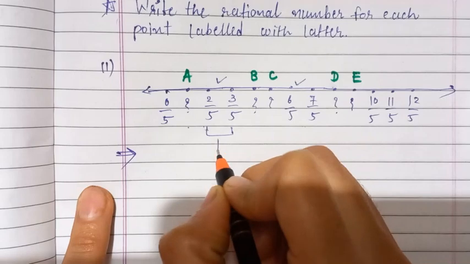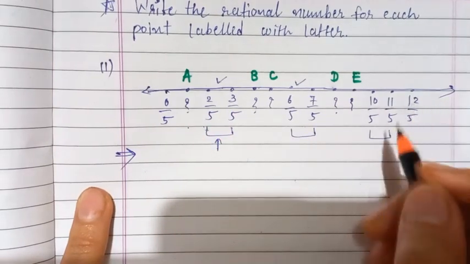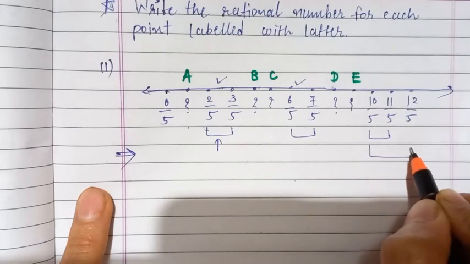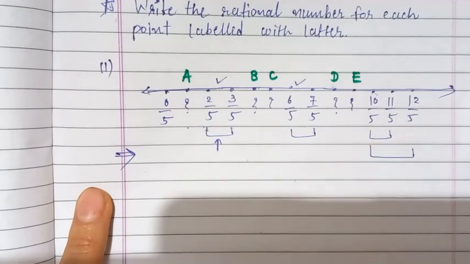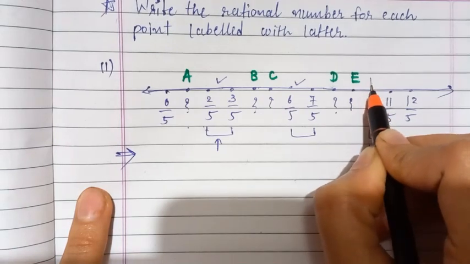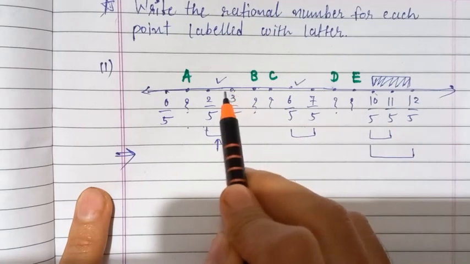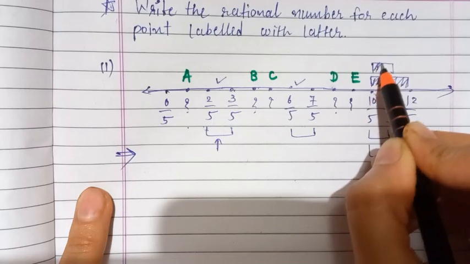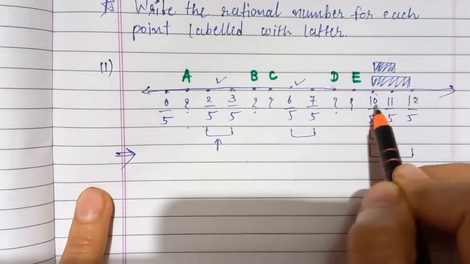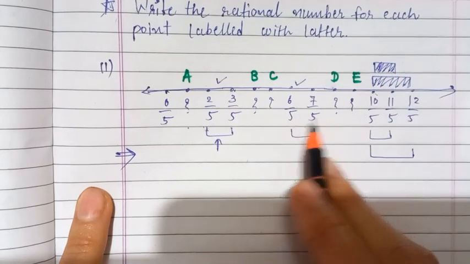We can't calculate the difference between 10 by 5 and 12 by 5, because subtracting them gives two gaps, but we want the difference between sequential numbers. So always calculate the difference between sequential numbers.